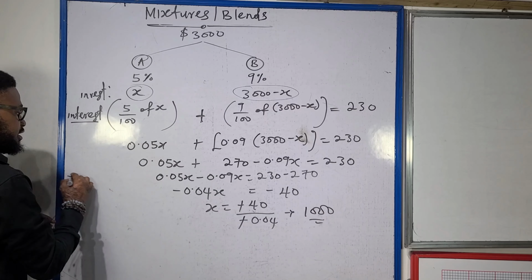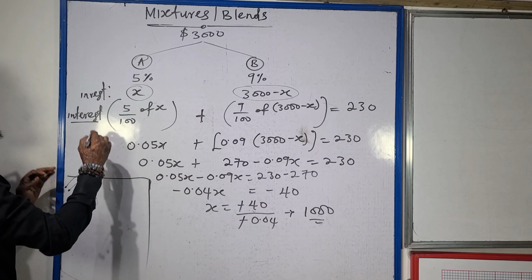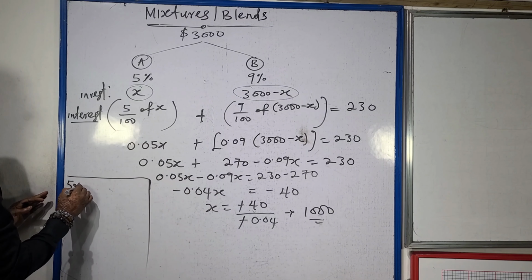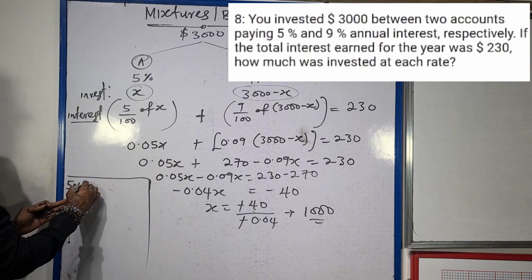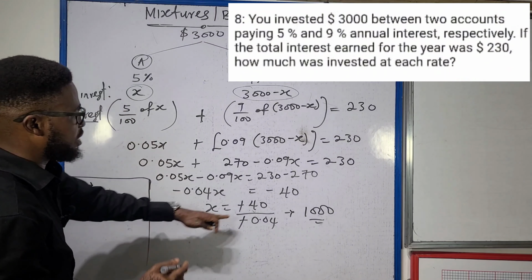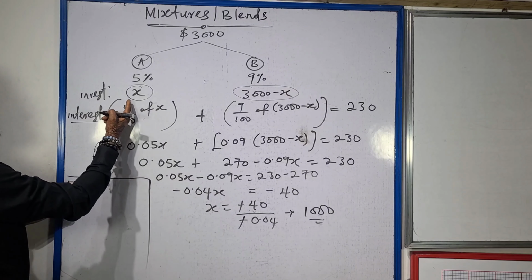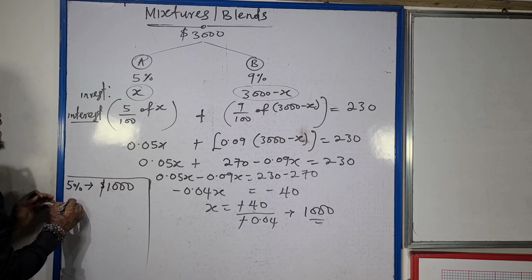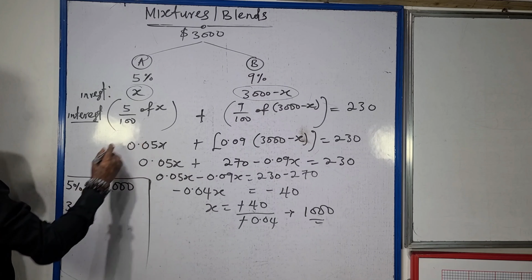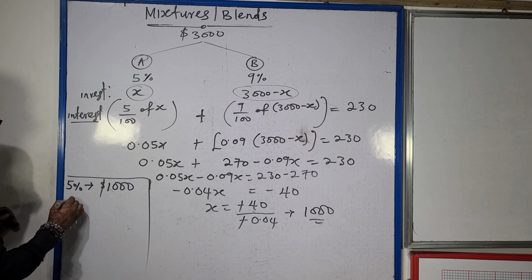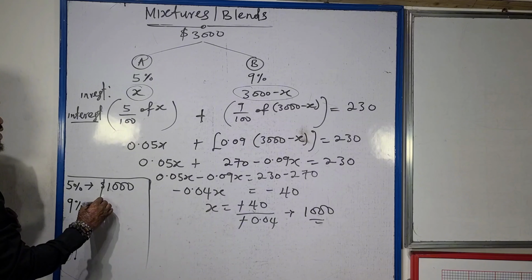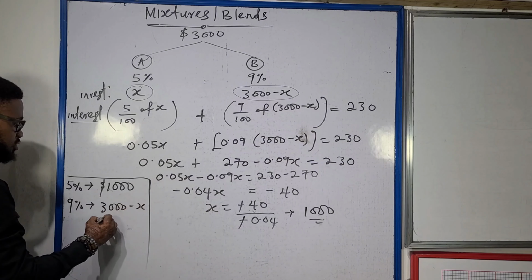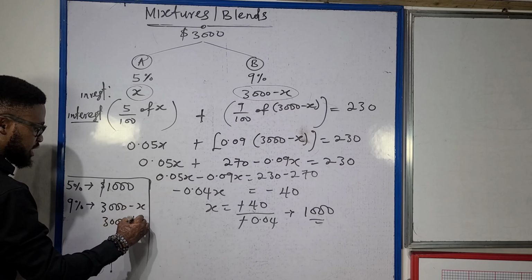So the implication of this is that since my x is 1000, for the account where we are investing at 5% simple interest, our x here was 1000. So that is, we are investing x. So this is $1,000. At the account where we are investing at 9%, we are looking here at 3000 minus x. 3000 minus the x here means 3000 minus 1000.